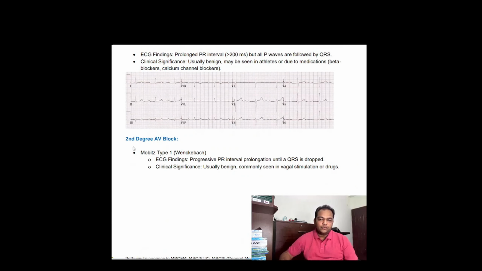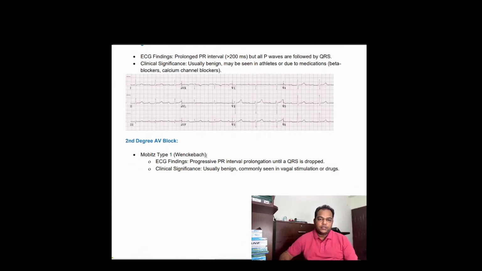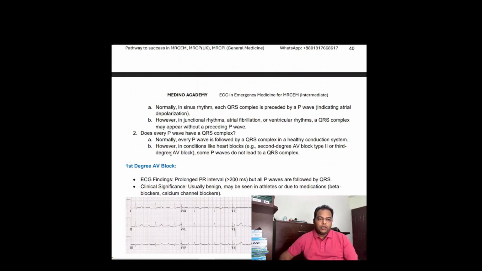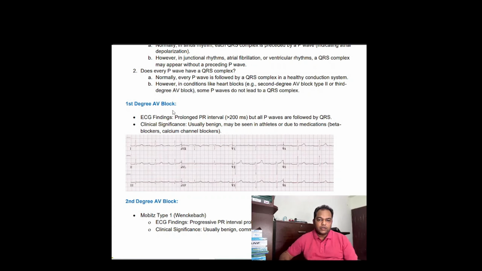Mobitz type 1, that is Wenckebach phenomenon, and Mobitz type 2. Now, the first degree AV block. In first degree AV block, only the PR interval is increased. Prolonged PR interval. You can appreciate here the PR interval is more than 5 small squares. So, this is the first degree AV block.